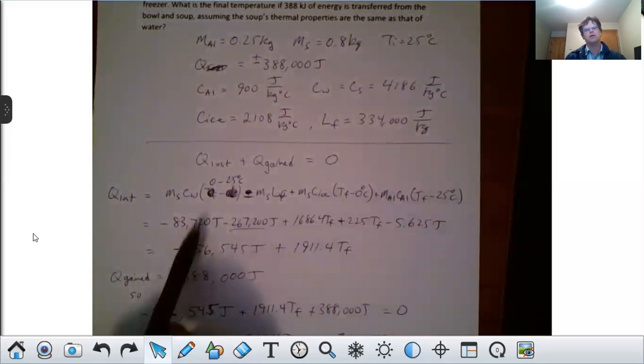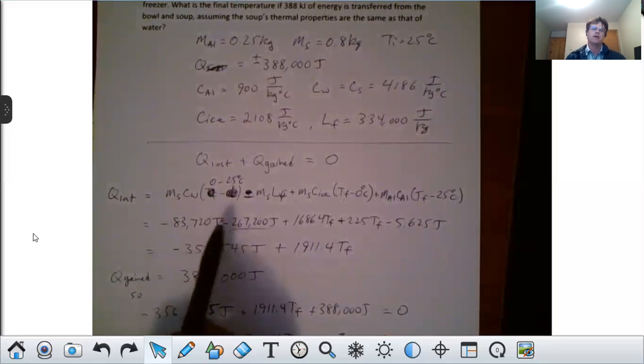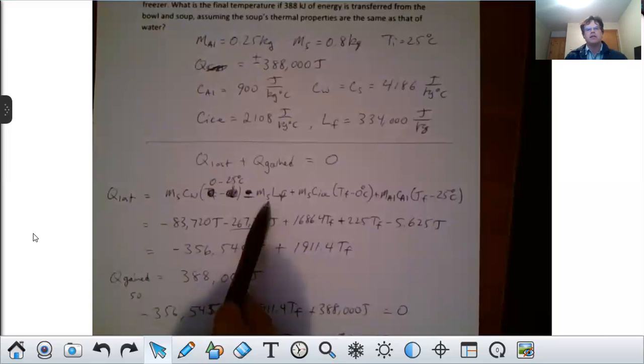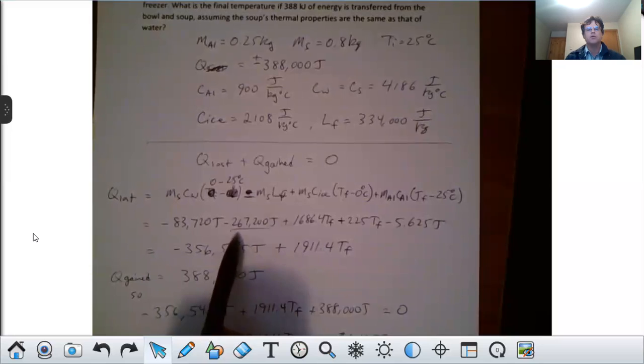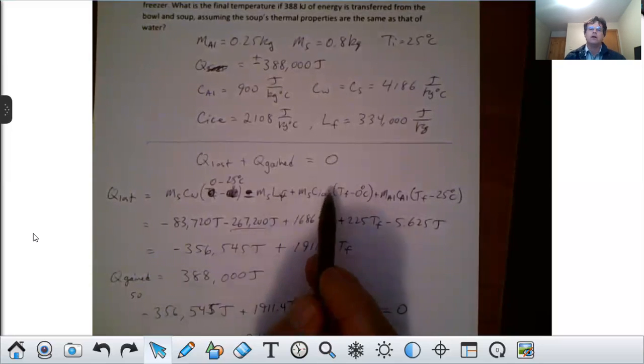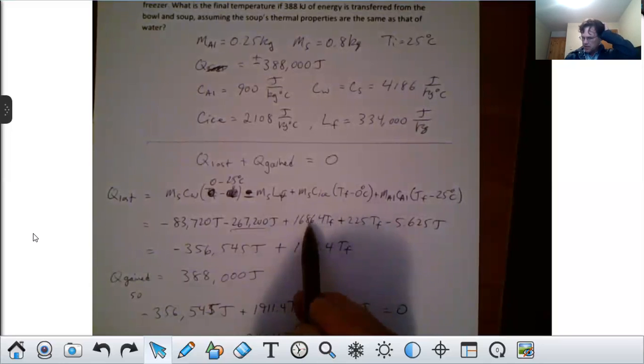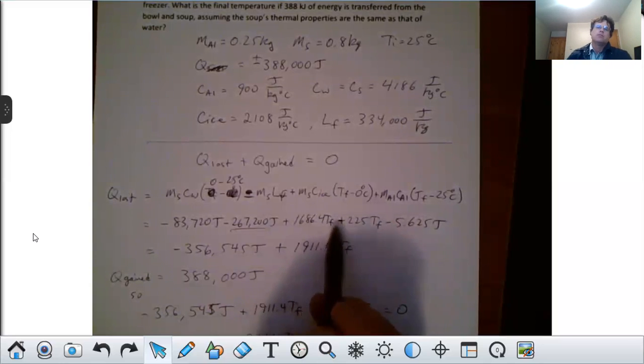You know, plugging in the numbers, I see that this number for the soup going down to 0 is negative 83,720. The amount of heat taken away to freeze all the soup when I calculate this is negative 267,200. Now, I have to kind of distribute here, so from the MSCI's TF, I get 1686.4 TF plus 0.